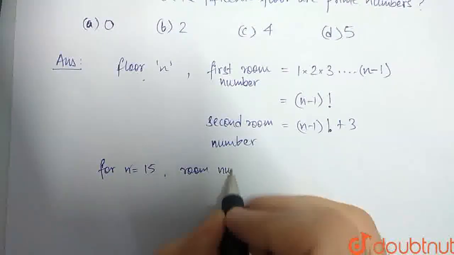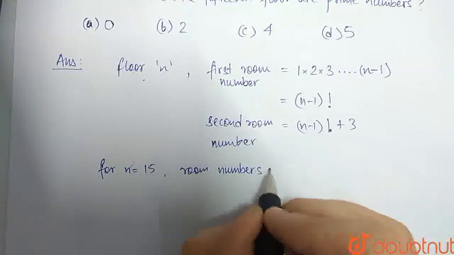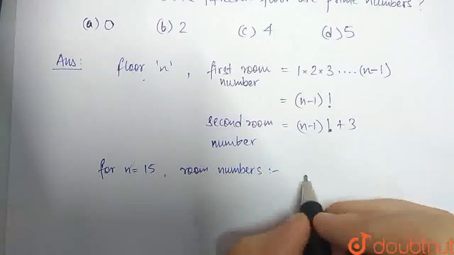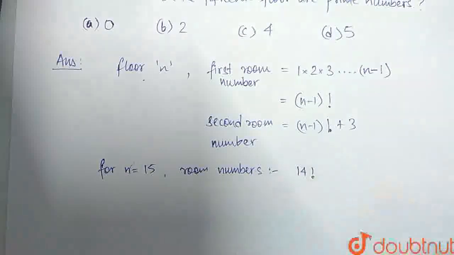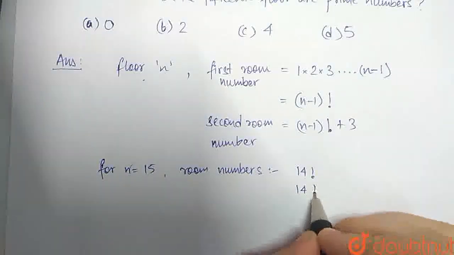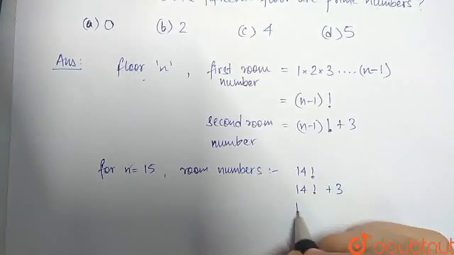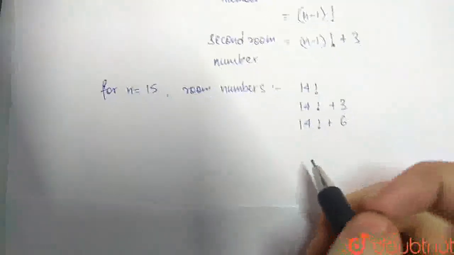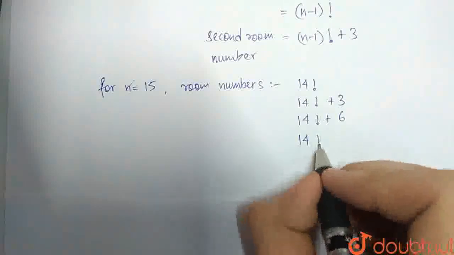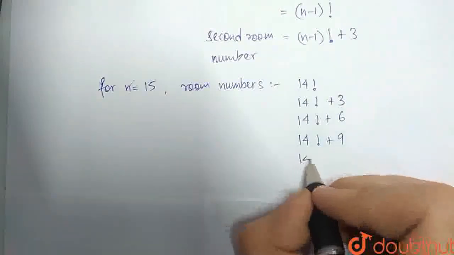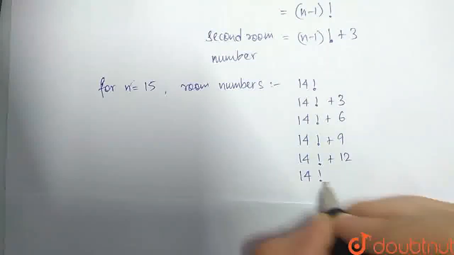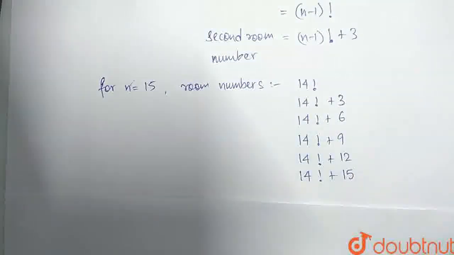the room numbers will be n minus 1 factorial, which is 14 factorial, then 14 factorial plus 3, 14 factorial plus 6, 14 factorial plus 9, 14 factorial plus 12, and 14 factorial plus 15.